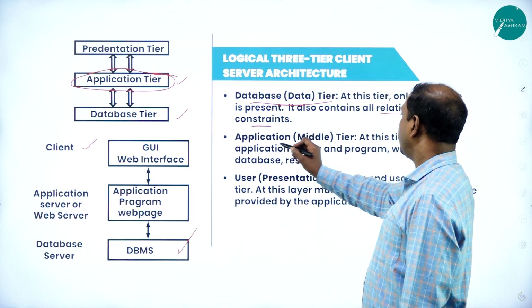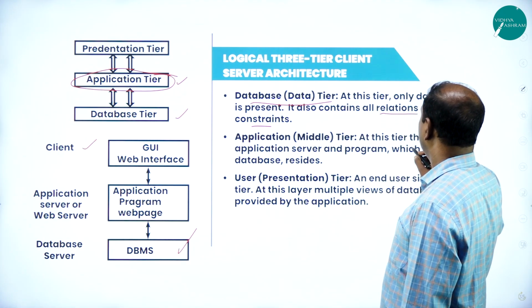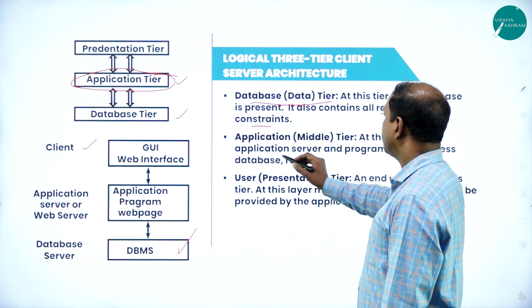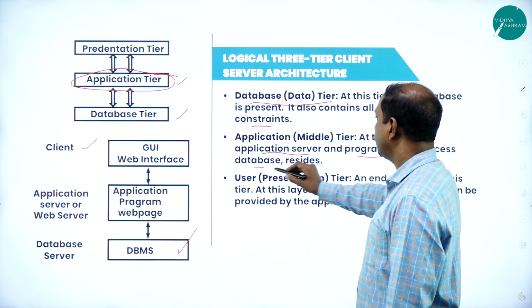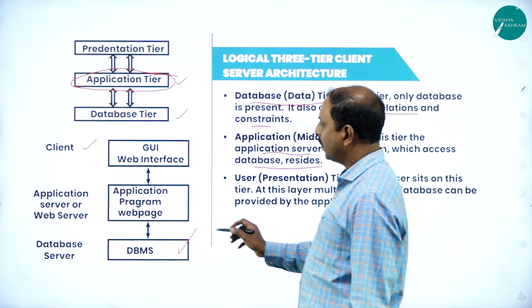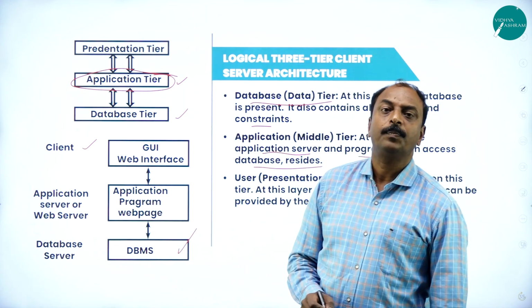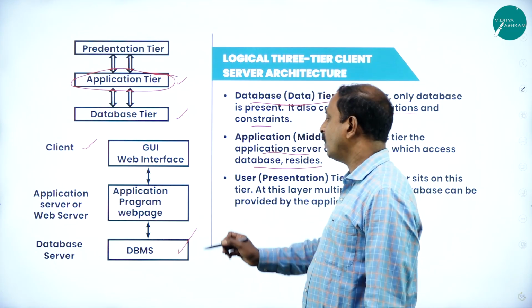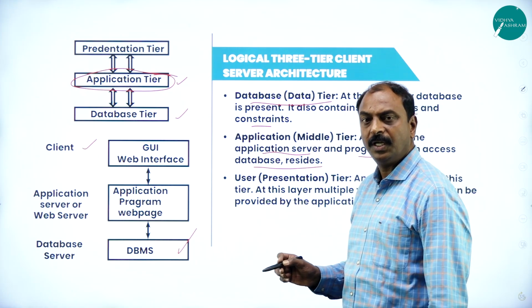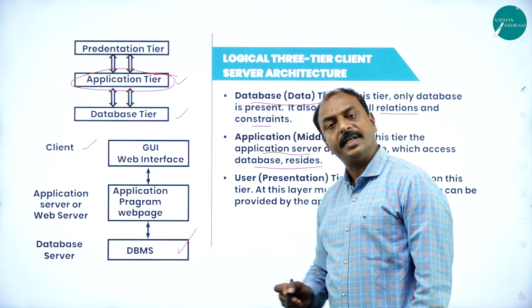The second one is the application tier or middle tier. At this tier, the application server and the programs which access the database reside. This is where we store the application programs, which act as an interface or medium for communication between the client and the database.